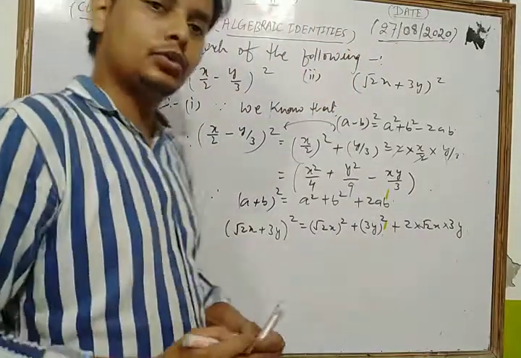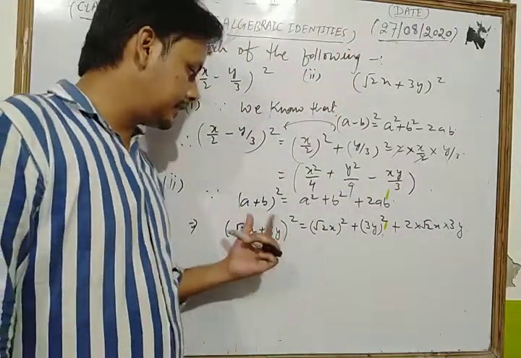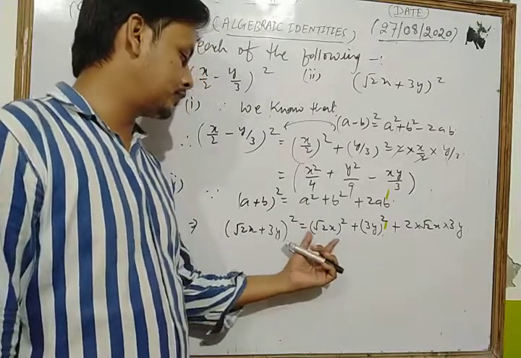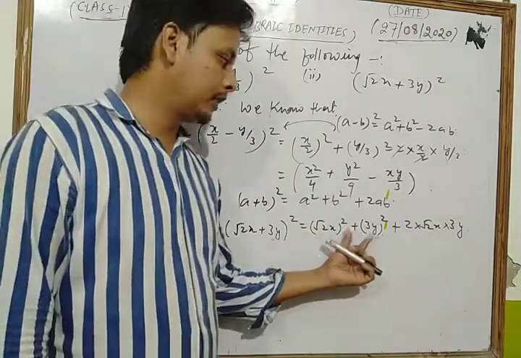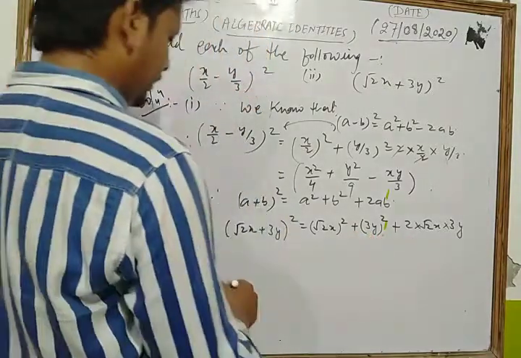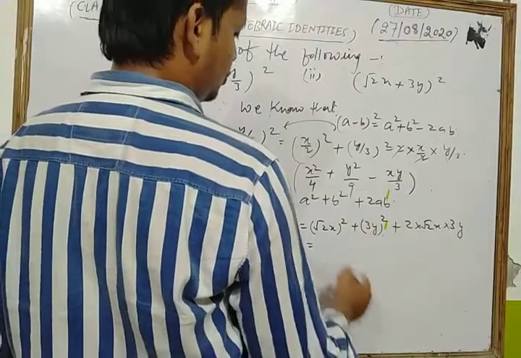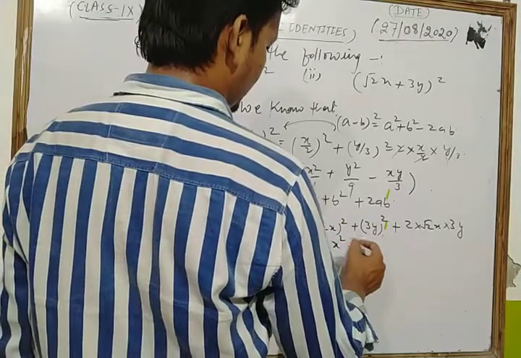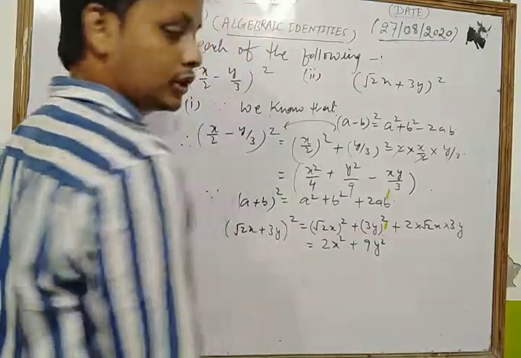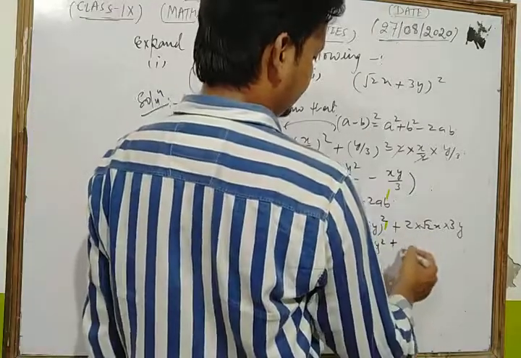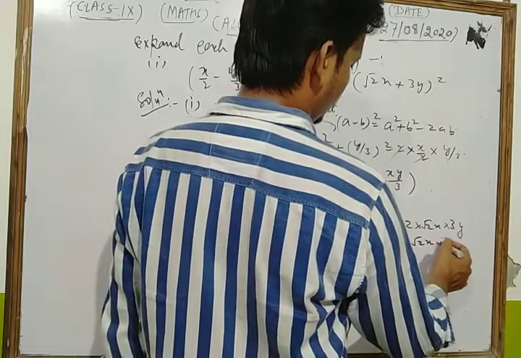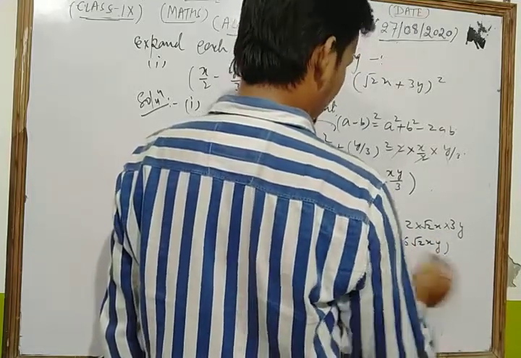First we expand the given expression on that formula, that is a square means (root 2x) whole square plus b square means (3y) whole square plus 2ab. Now let's solve it. Root 2 square is 2, so we get 2x square plus 3 square is 9y square. Now we get 6 root 2 xy.